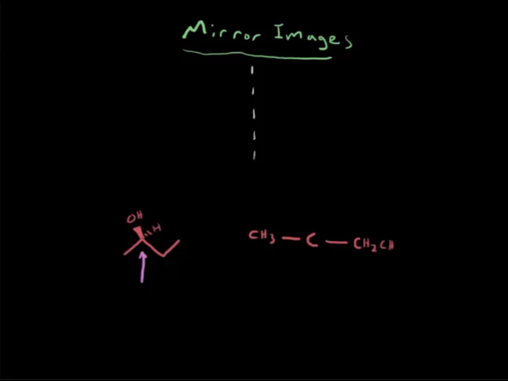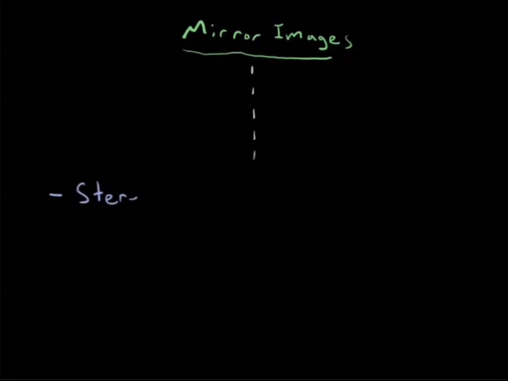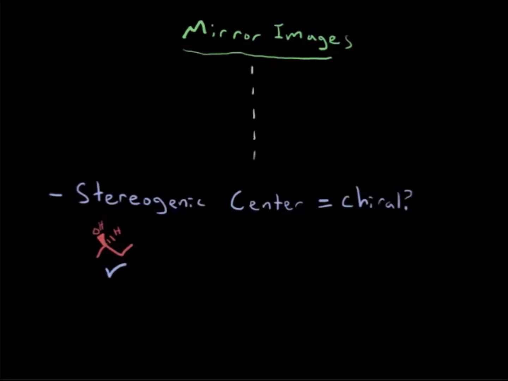Let's draw this out right here, just a planar structure: methyl, ethyl, hydroxyl, hydrogen. 4 different attachments on this sp3. And this is a chiral molecule. And in fact, this carbon is known as a stereogenic center. It's usually carbon, it doesn't have to be, but it's usually an sp3 carbon when we're talking about a stereogenic center. And finding these stereogenic centers typically means you're going to have a chiral molecule. Not always, but we can find our stereogenic centers right here in 2-butanol. We know that's chiral. We did the mirror image, we know it's chiral. It's not superimposable on its mirror image.